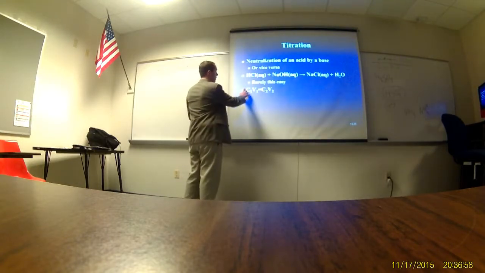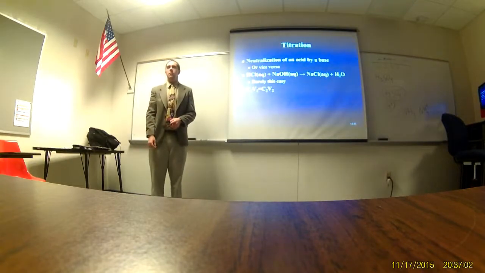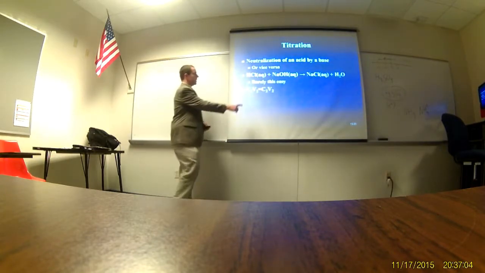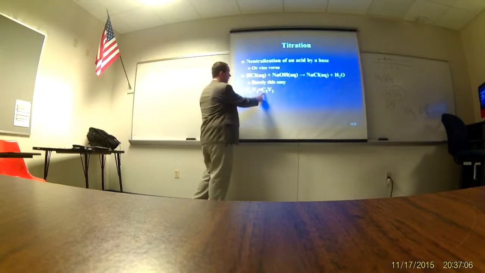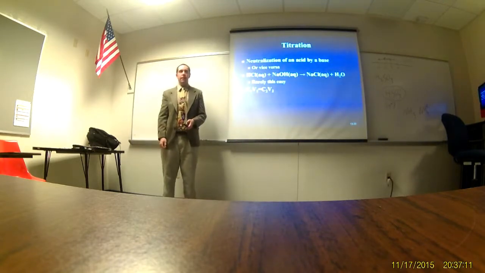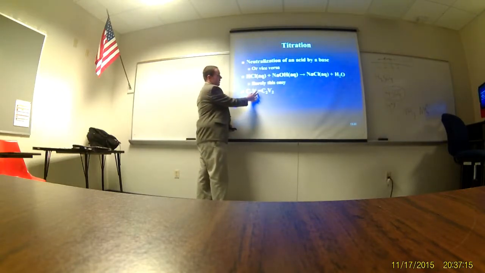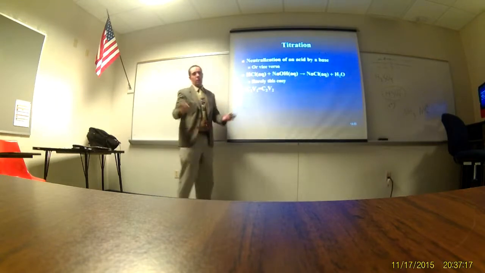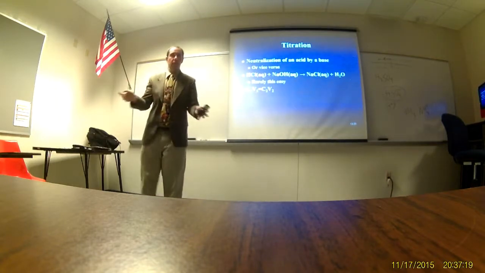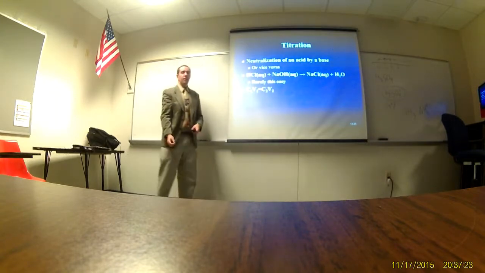If you're doing a titration, it looks just like our dilution problem: C1V1 equals C2V2. C is concentration, molarity again. V is volume, 1 is acid, 2 is base. If you want to switch them around, that's okay, but one side is acid, one side is base.